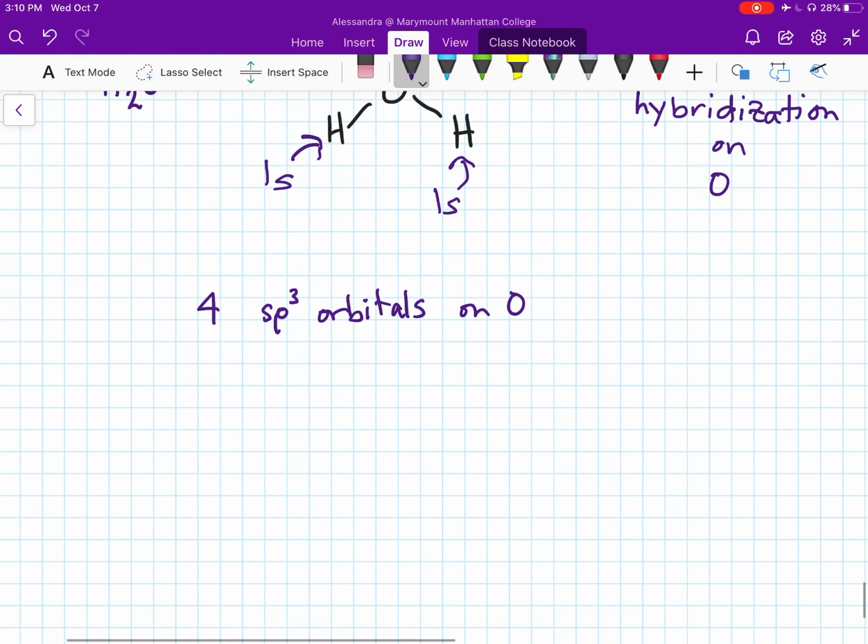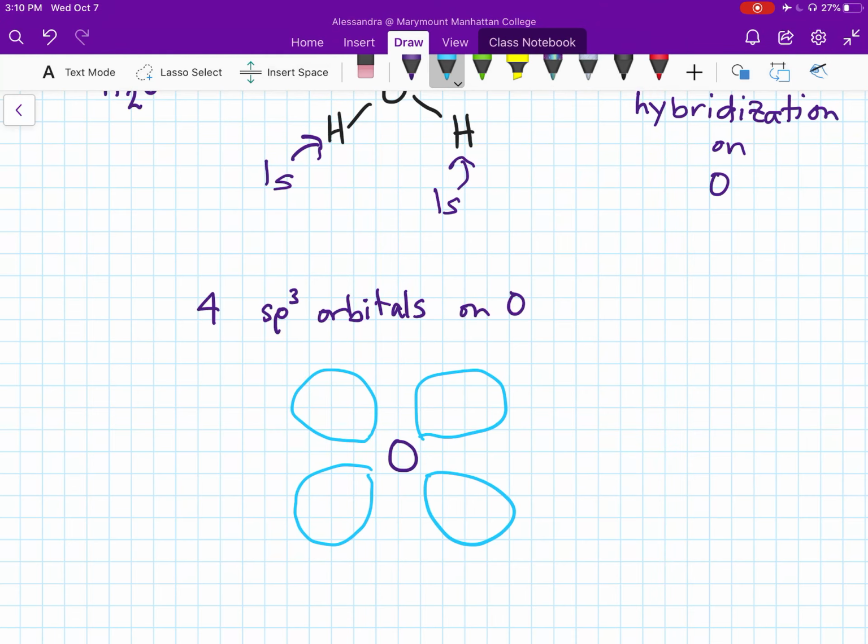So let's draw what that would look like. Here's the oxygen, and I'm going to draw those sp3 hybrids as just big lobes like this. Just for simplicity, I'm going to draw a single lobe. Each of these little blue petals that I drew, which looks like a flower, is an sp3 hybrid orbital.